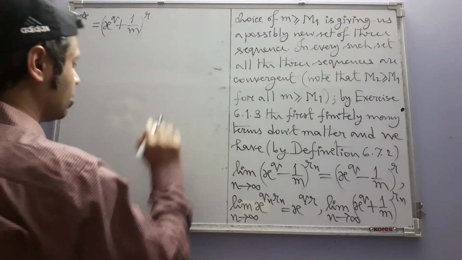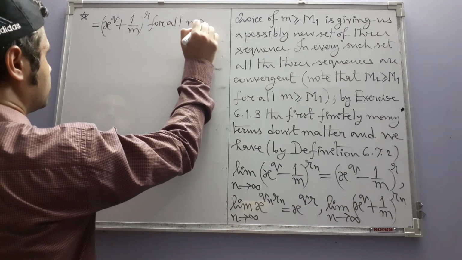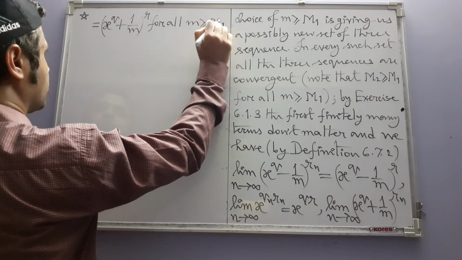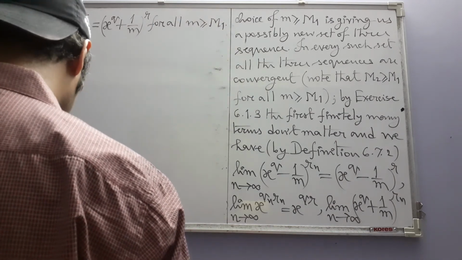Oh, and for what type of m? For all m greater than or equal to m1, because small m is also not fixed.